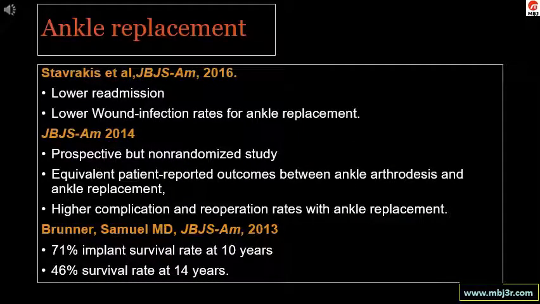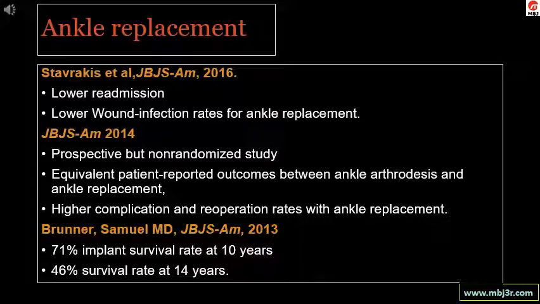Ankle replacement is one more option for ankle arthritis. There are some studies on that one. Randomized comparisons of ankle replacement to ankle arthrodesis are lacking. At least one database study demonstrated significantly lower readmission and wound infection rates for ankle replacement.